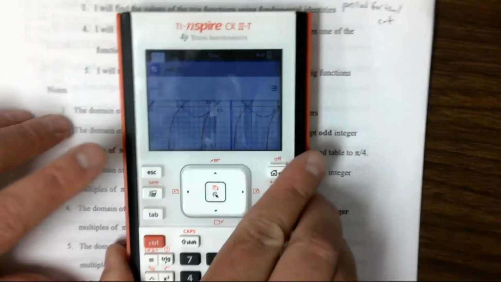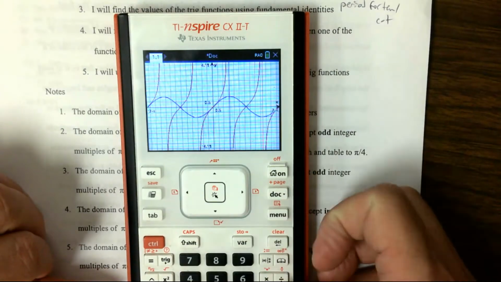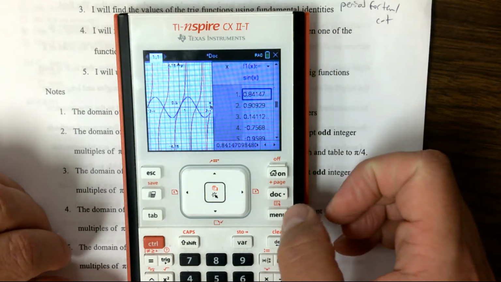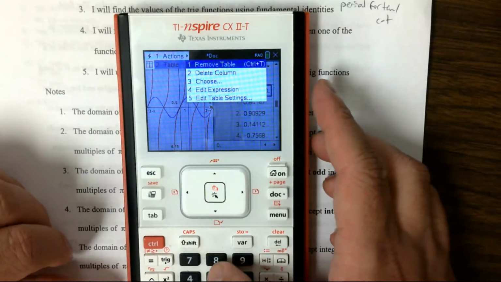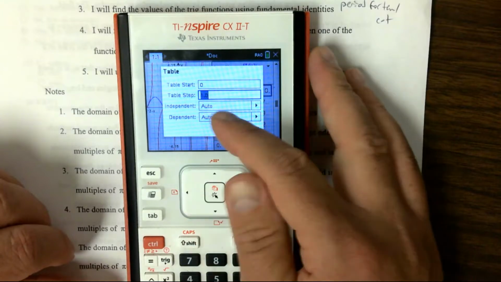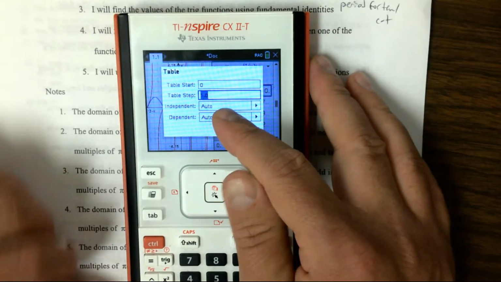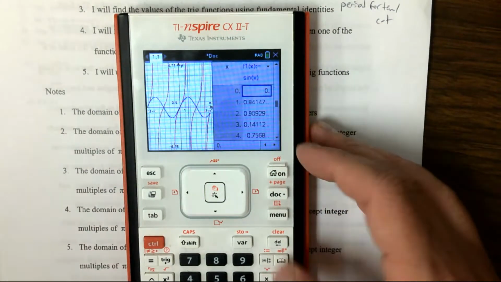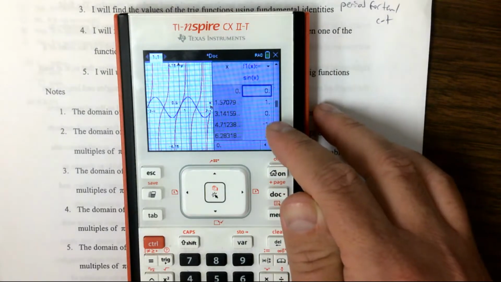If we did menu, table, settings, make sure your table start is at 0 before you change your step to something, because otherwise you'd be off a little bit and it doesn't make sense. Here I want pi halves, and then you can see it's going between 0, 1, 0, -1, and so forth.